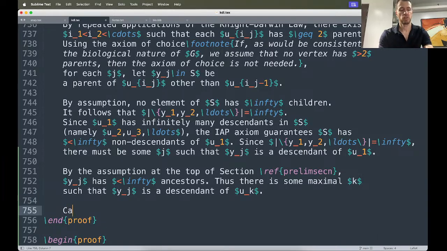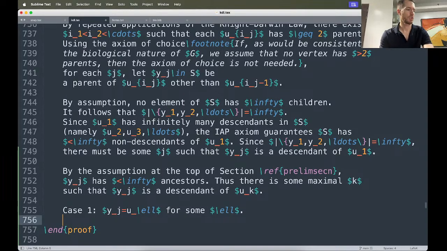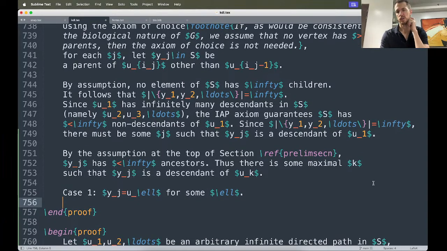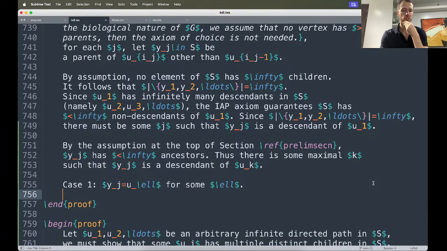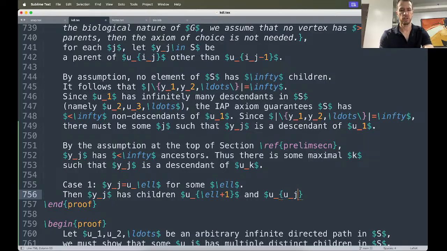Now, case 1 is that yj equals ul for some l. And this is the case essentially where I was stuck last time. And the way you would get out of this case is you would say that then yj itself must have 2 children, which would be as desired. Yj has children u sub l plus 1 and u sub i sub j.